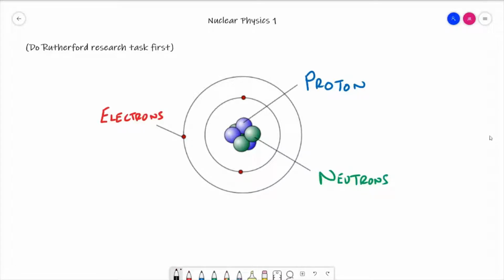There is a collective term for protons and neutrons that we use, and it is the word nucleon. And as I said, nucleon is just a collective term for protons and neutrons.